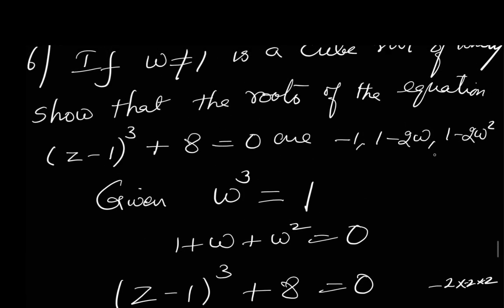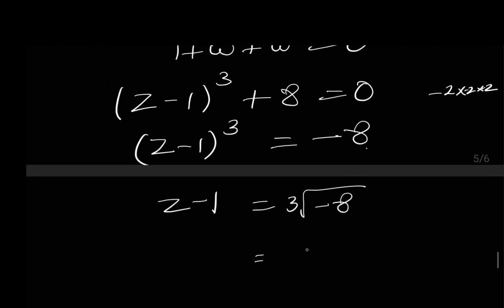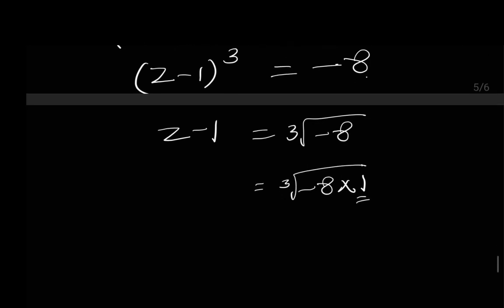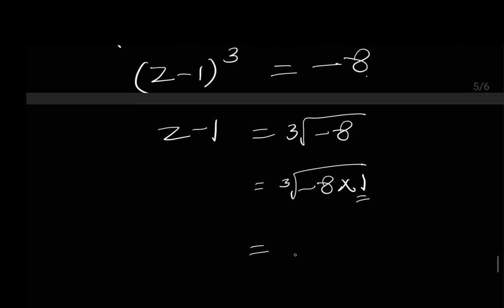In order to show the omega terms, on the minus 8 side I just multiply with 1. I am taking the cube root of unity also; this is same as this. So you split minus 8 times 1, and take the cube root of 1.